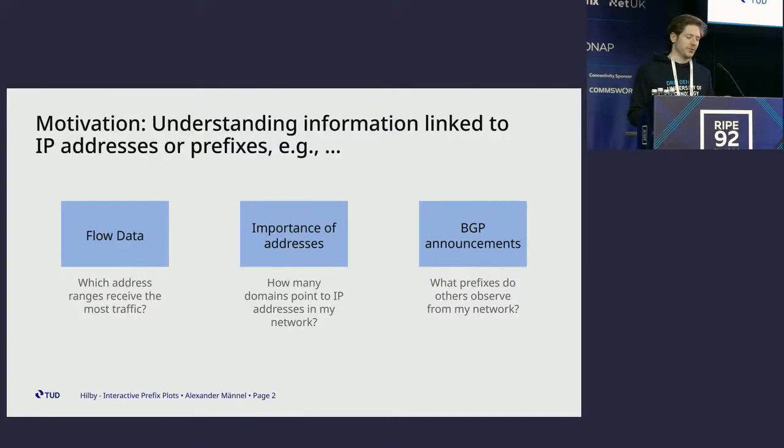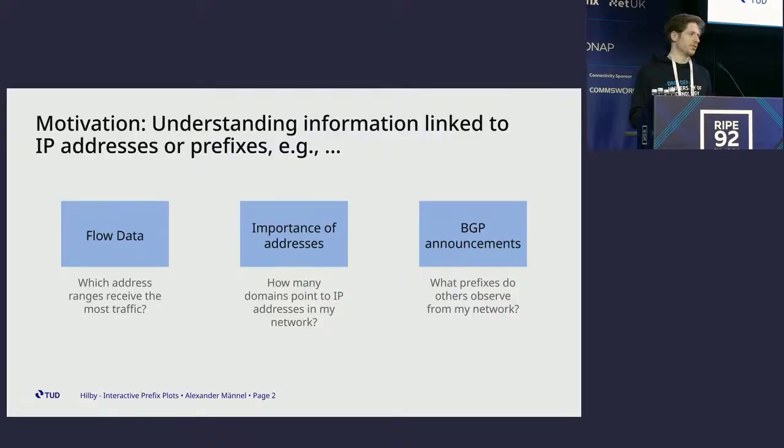Some examples for that may be flow data. So you have questions like, hey, which address range receives the most traffic, is the most important for us? Or on the importance of addresses, how many domains resolve to any specific one IP address in my network? So is this IP address for some reason more important? Or just BGP announcements.